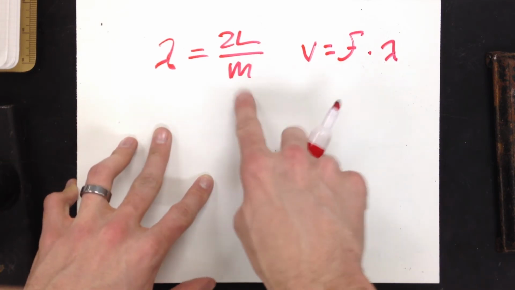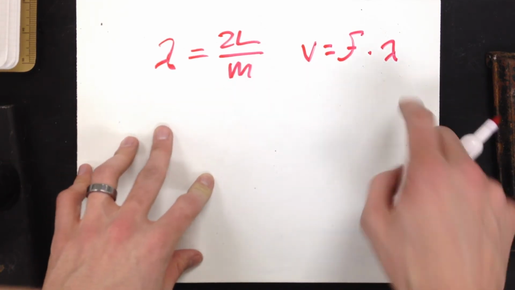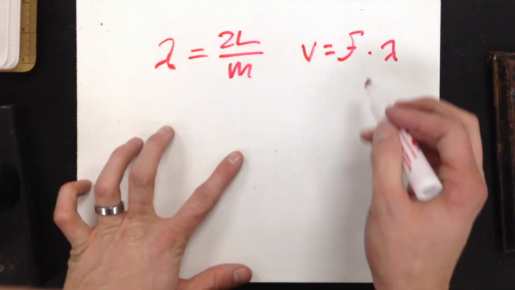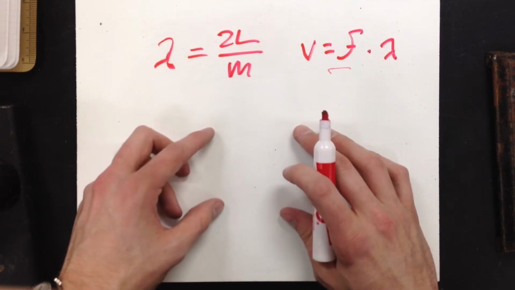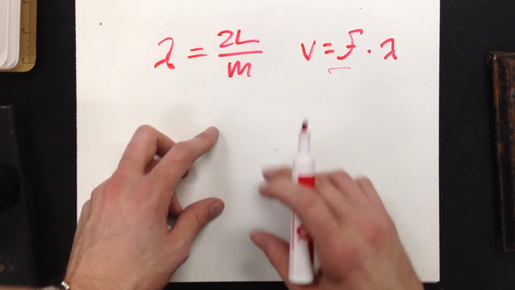So if I were to take this and plug it in here, with a stringed instrument, we want to change the frequency of my note. If you change the frequency, you change the pitch that you hear. A higher frequency means a higher pitch.